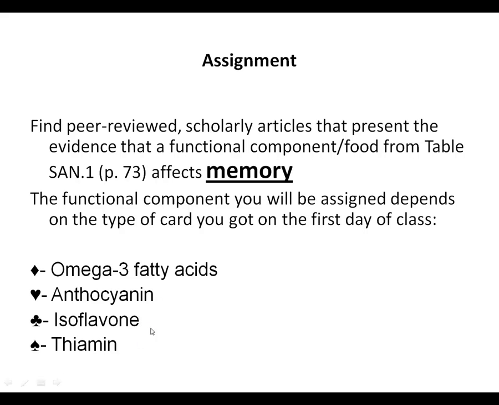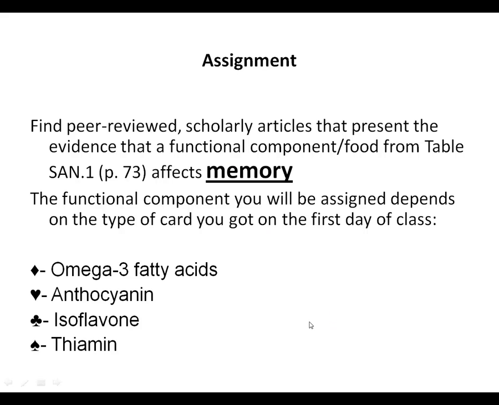If your symbol was clubs, isoflavone, and if your symbol was spades, then please choose thiamine. So you are going to search the database, MEDLINE, for primary peer-reviewed scholarly articles that deal with the effect of, say, omega-3 fatty acids on memory.